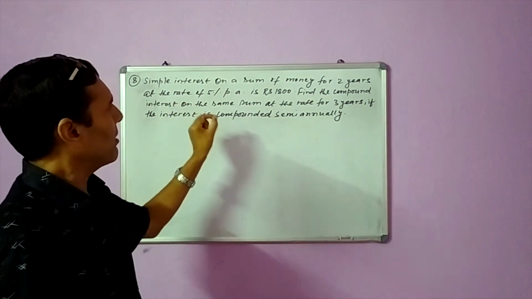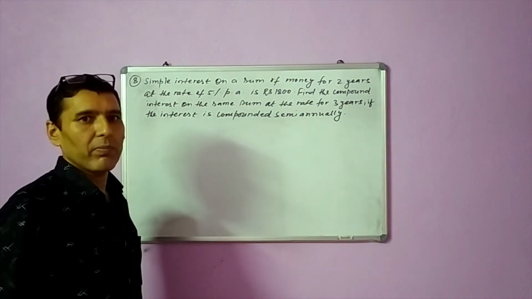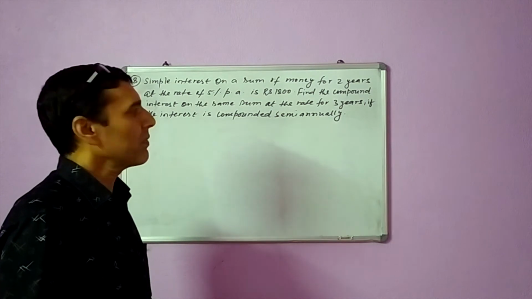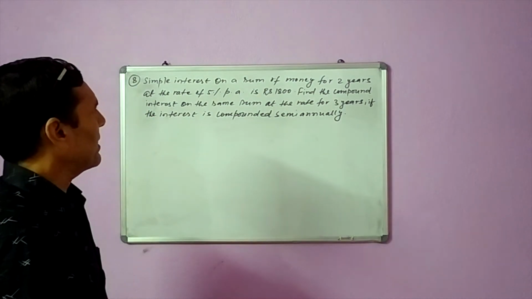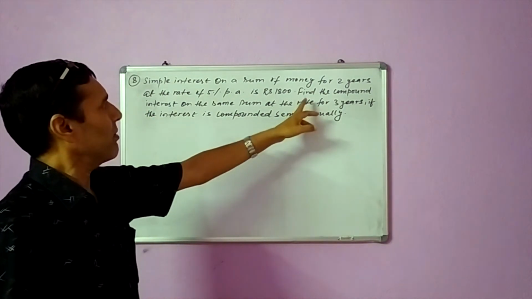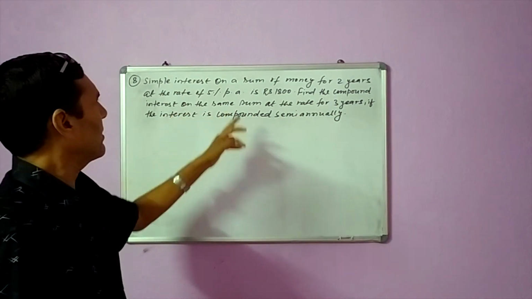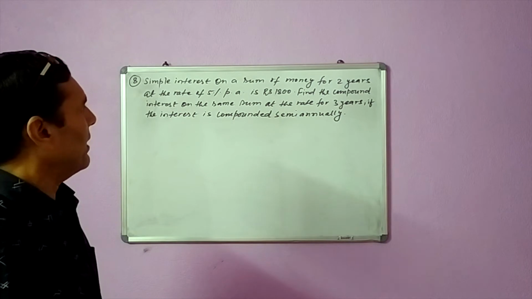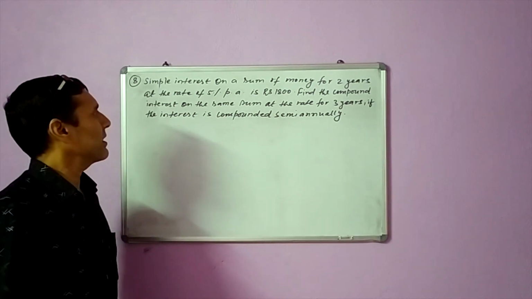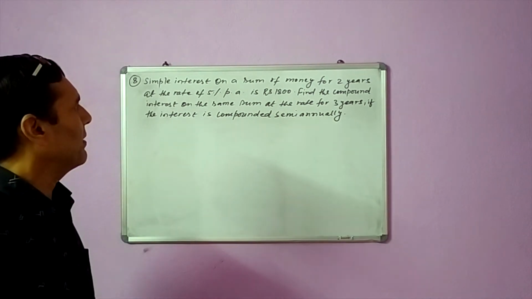So from the first part, we have to calculate the sum of money, the principal, and use the same principal in the second condition, because the second question is to find the compound interest on the same sum at the same rate for 3 years if the interest is compounded semi-annually.